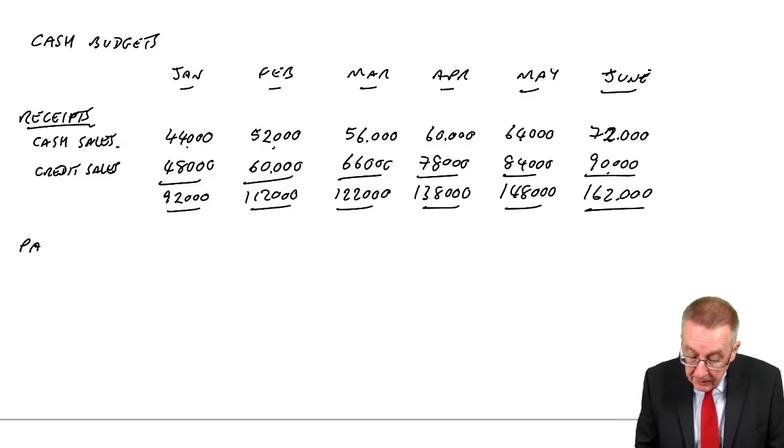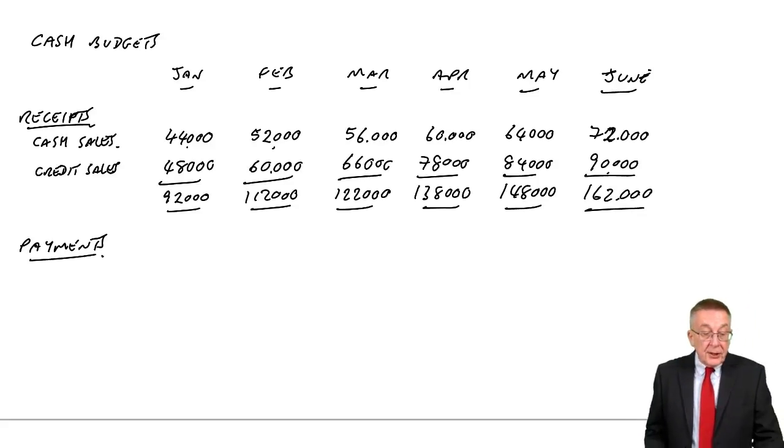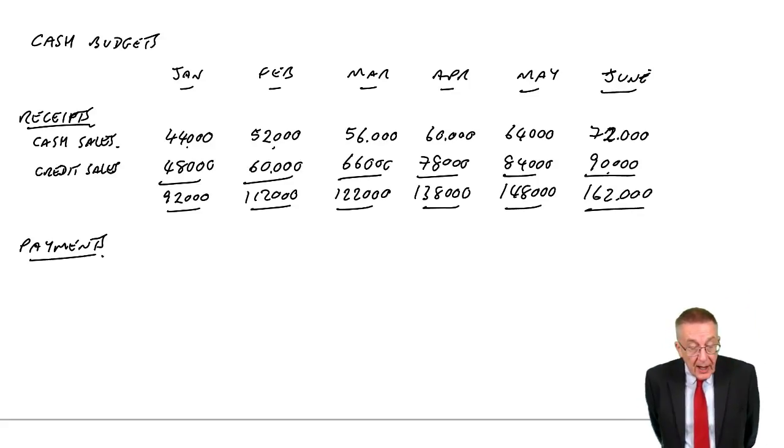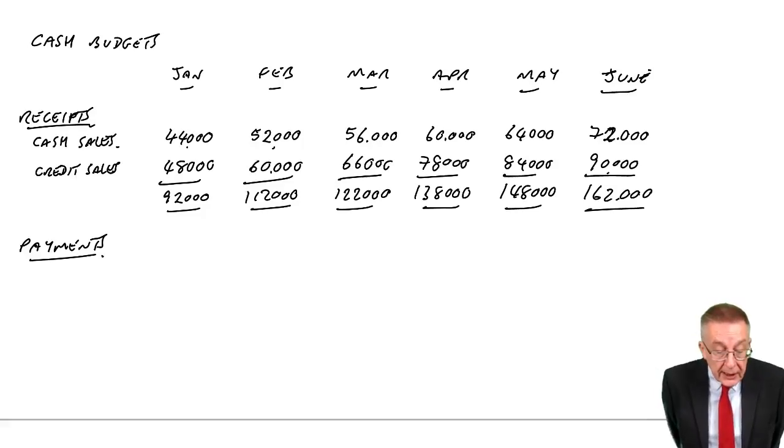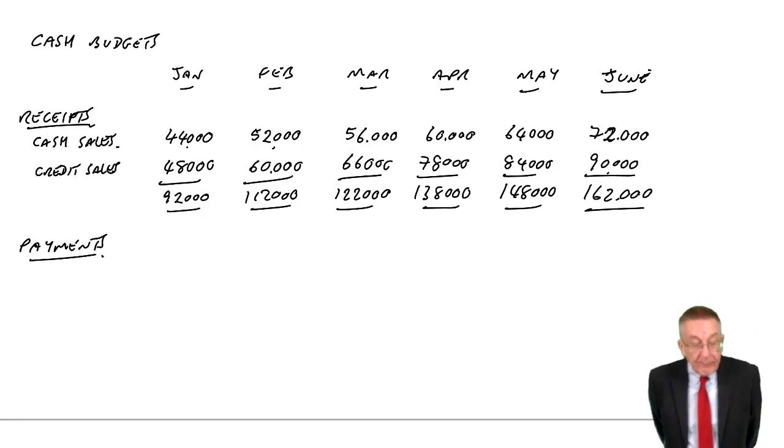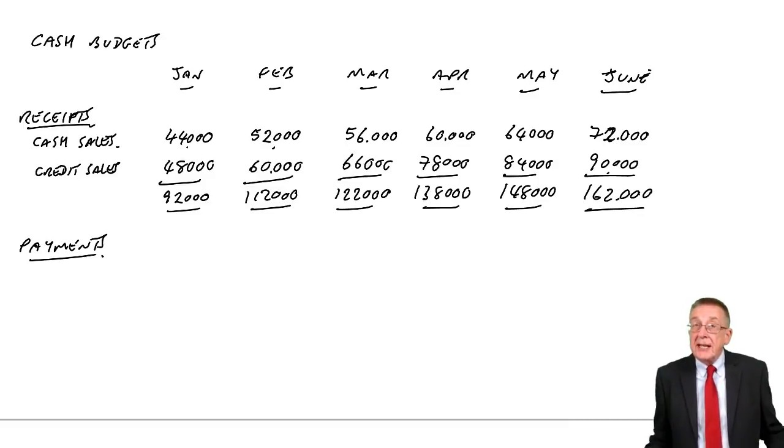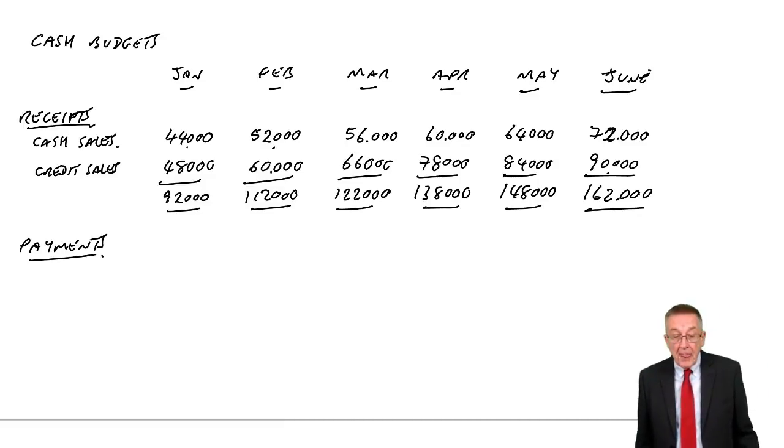Now let's look at the cash payments. And let's do them in turn. In the top table, we're told what purchases we expect each month. But if you look at B, purchases are paid the month following purchase. So we're taking 1 month's credit.